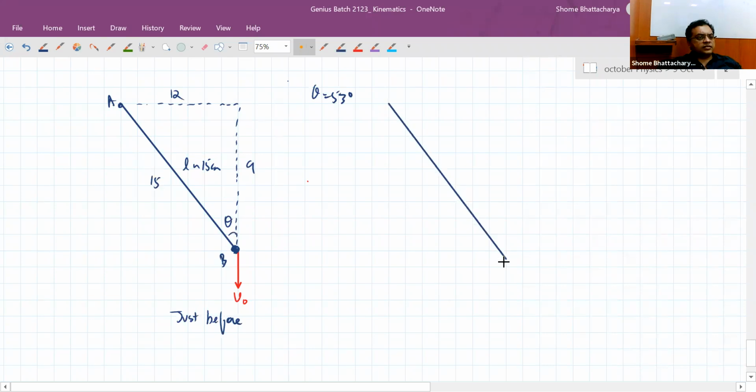And next, if we see just after, at the moment just after the string has become taut, A will have a velocity along this direction, whereas B we said will have a velocity something like this, a bit of a component in this direction.